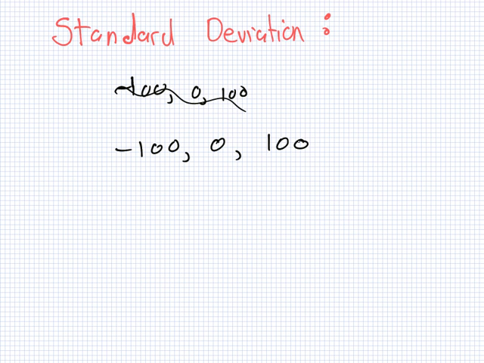Okay. What's the average here? 0. Now, what's the average here? 0. But we can see the two data sets are quite different, although they both have an average of 0. This one is much more spread out.